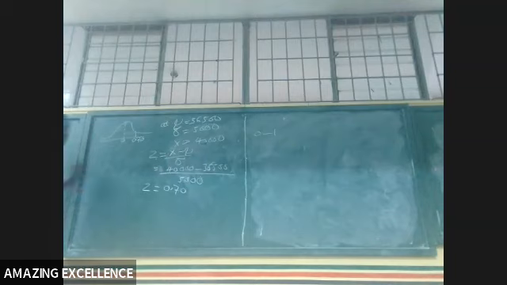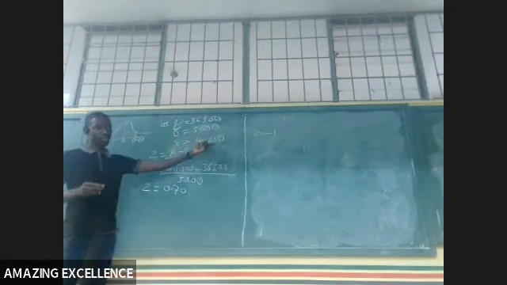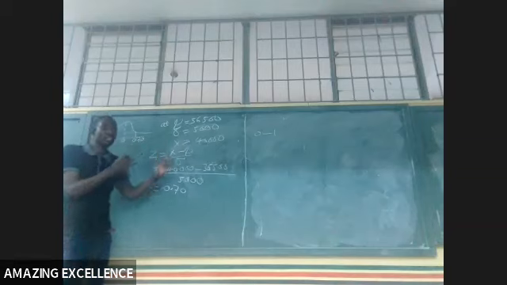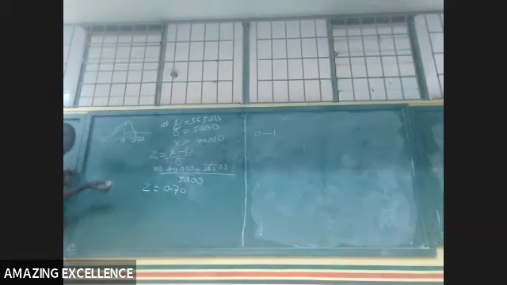If the question was asking for exactly 40,000, it would imply finding the area from 0 up to 0.70. You're following, right?